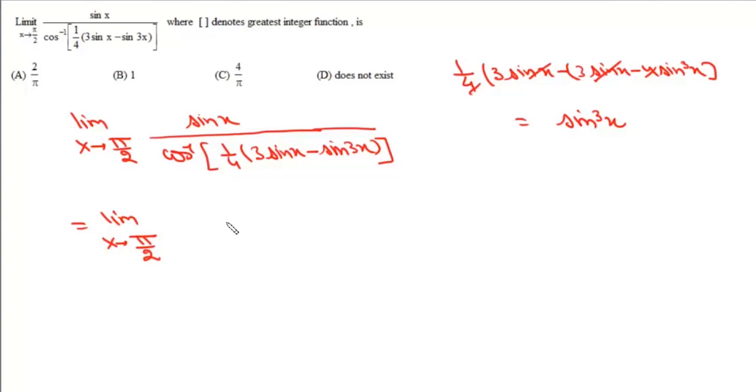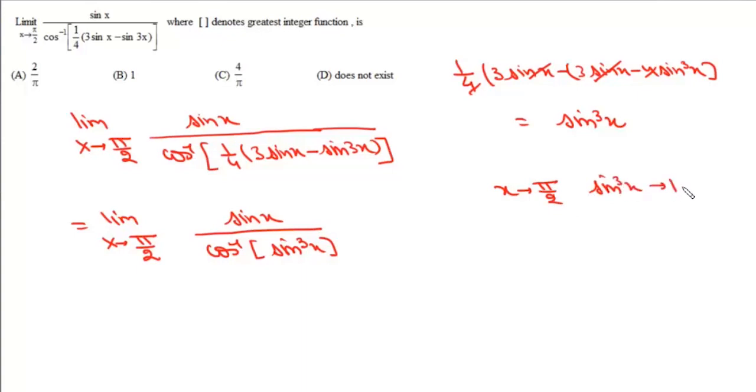So we can write this limit as limit x tends to pi by 2 sin x upon cos inverse of the greatest integer function of sin cube x. Now when x tends to pi by 2, sin cube x tends to 1, but it is still less than 1 because it will be 1 only at pi by 2. So within the vicinity of pi by 2, it will be less than 1.